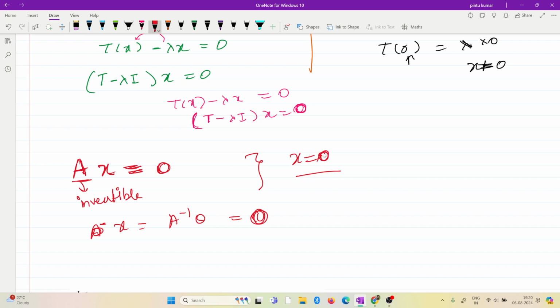And if your A is not invertible, then you have some non-zero solution.